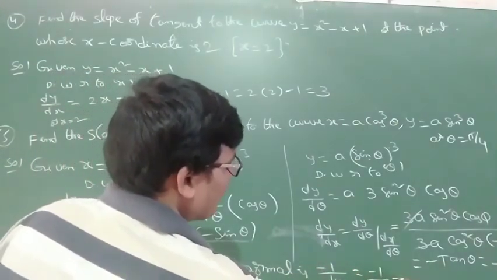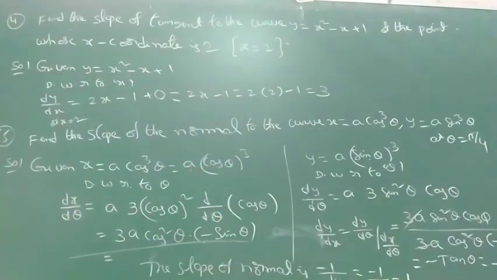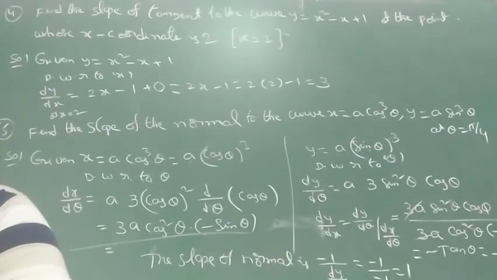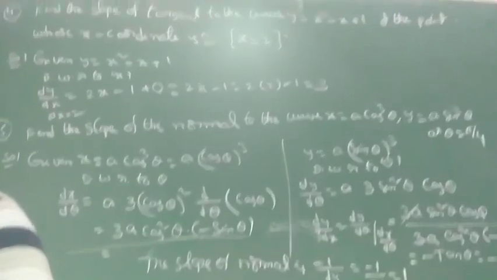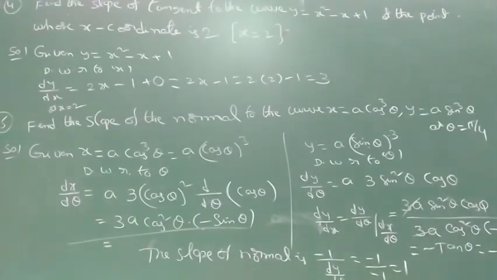So minus 1 by minus 1 is equal to 1. This is one of the types.